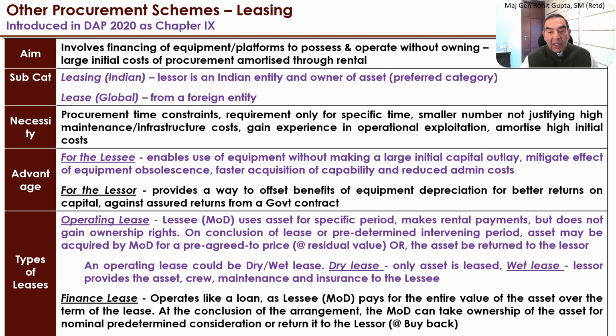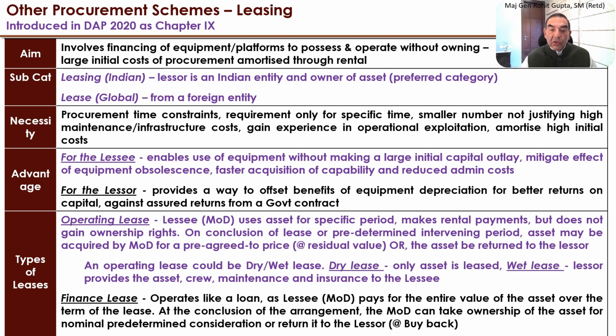On conclusion of the lease or whatever is the predetermined intervening period, the asset may be acquired by the MOD for a pre-agreed price, which is actually the assessed residual value of the product as agreed to. Or you can also give back the asset to the lessor after paying the rental agreements.